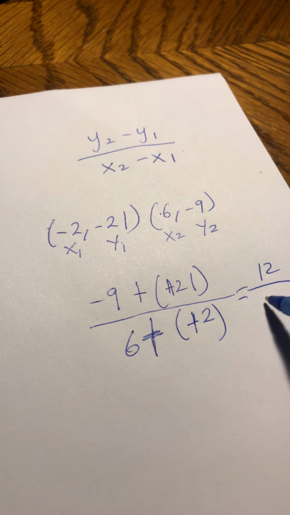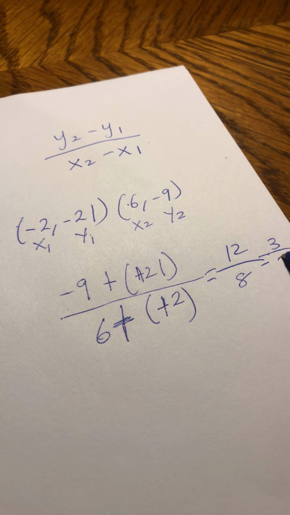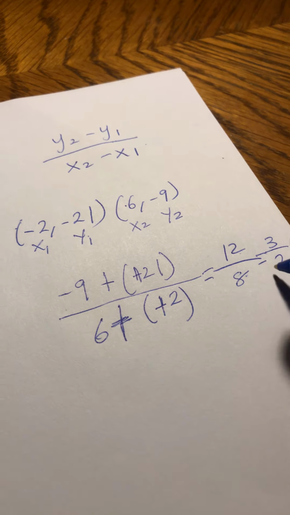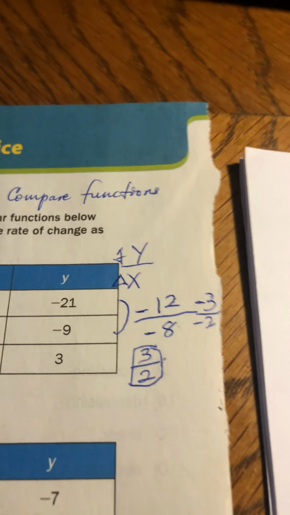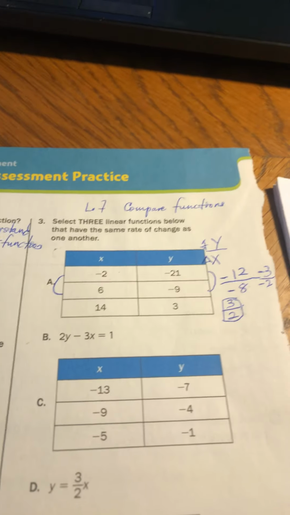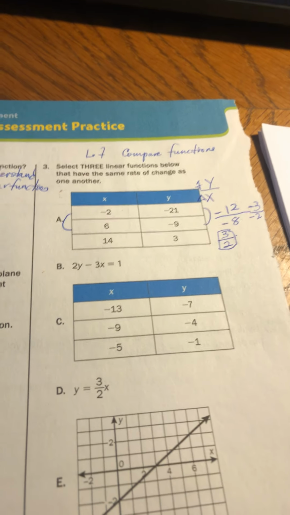And then 6 plus 2 is 8. And then 12 over 8, when I simplify that further, I'm going to get 3 over 2 because 4 goes into both of them. So you see how our slope is the same thing as our rate of change. All right, so when you have something like that and they're asking you for the slope or the rate of change, it doesn't matter which way you do it.